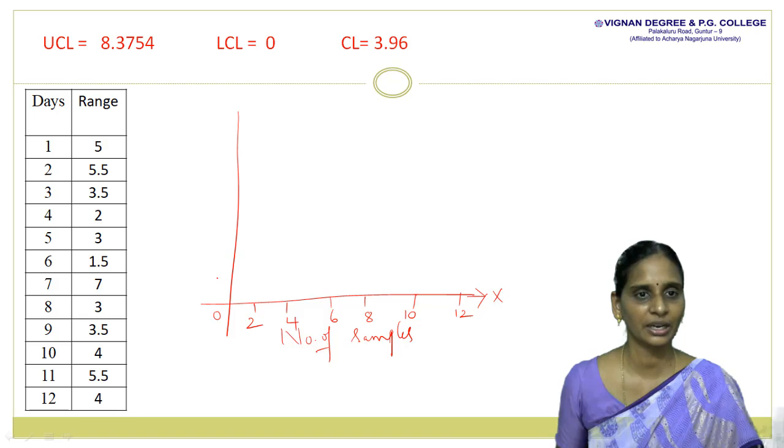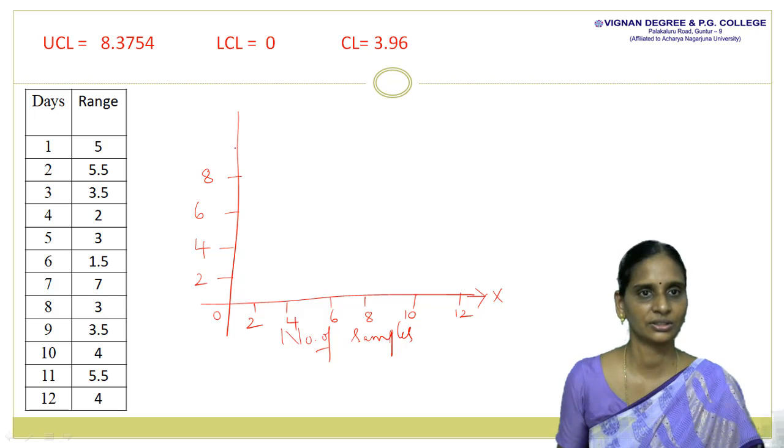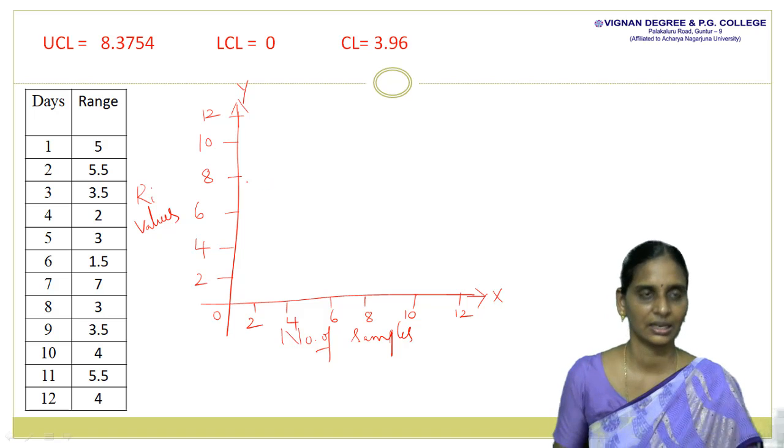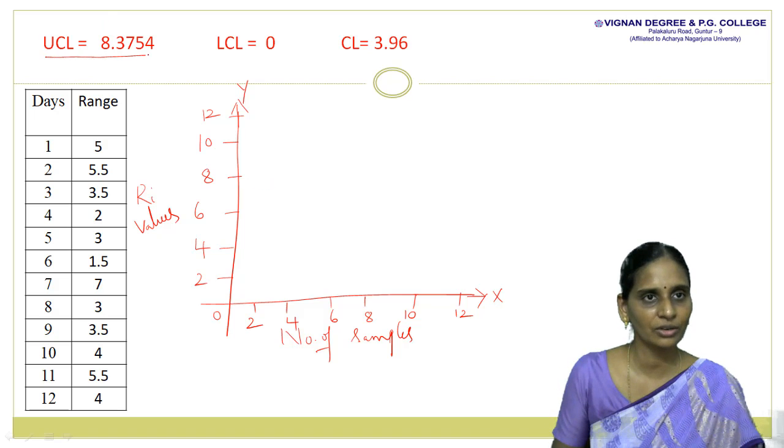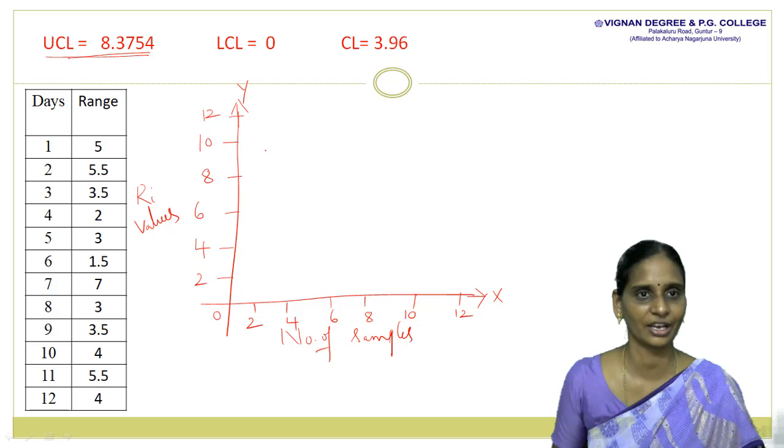Here I am writing 2, 4, 6, 8, 10, 12. The y-axis represents range values, that is Ri values. First we have to draw the lines. The upper control limit value is 8.3754.